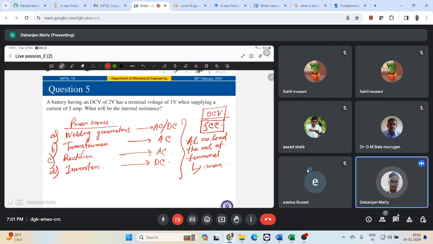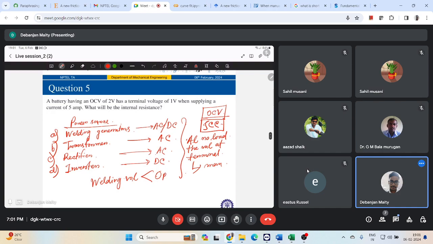Now, this high OCV value is generally used for starting the arc, and it provides stability. So your welding voltage will always be less than the open circuit voltage.